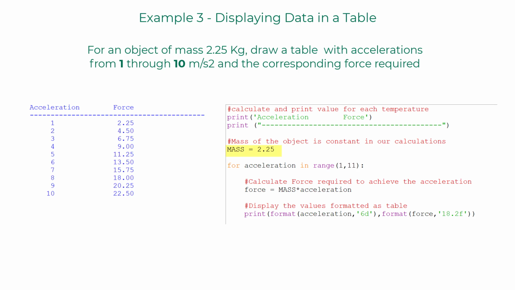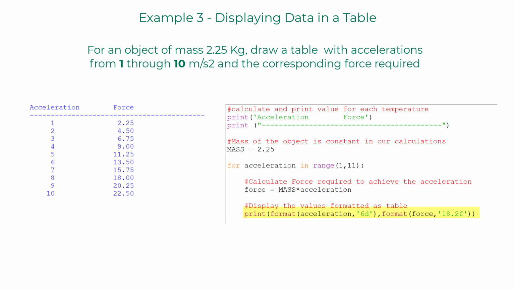Okay, so I have mass, which is constant in all of our calculations. So I have the named constant MASS with the value 2.25. Then, for acceleration in range 1 through 11, so that way I get 1 through 10, I'm going to compute the force and print it with these format specifiers.